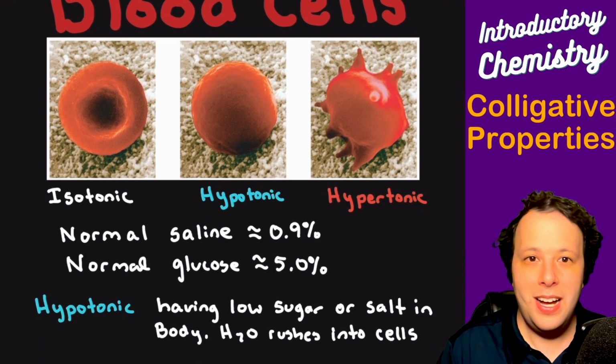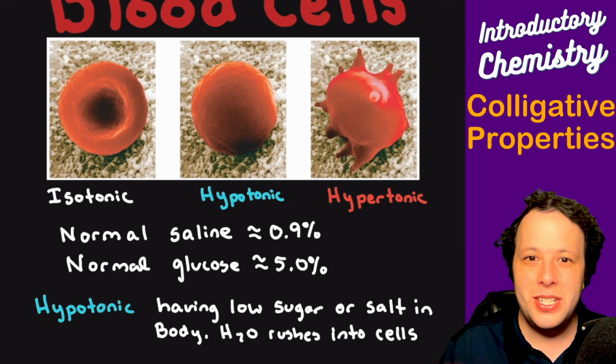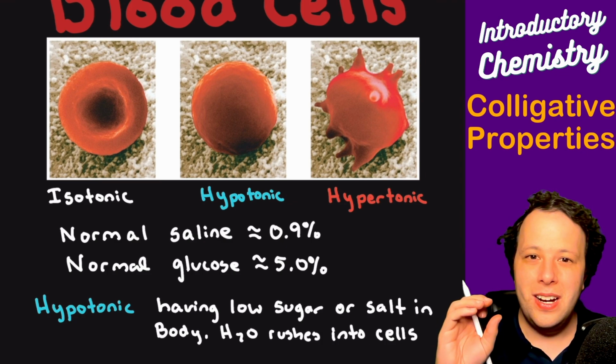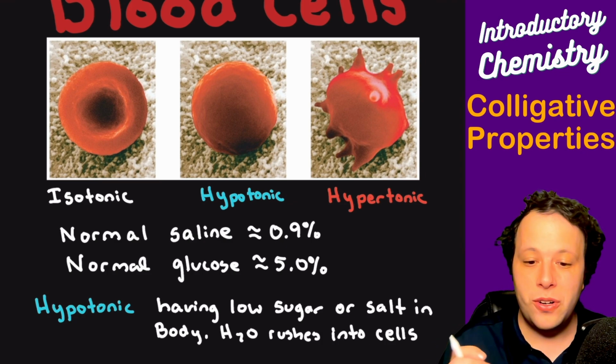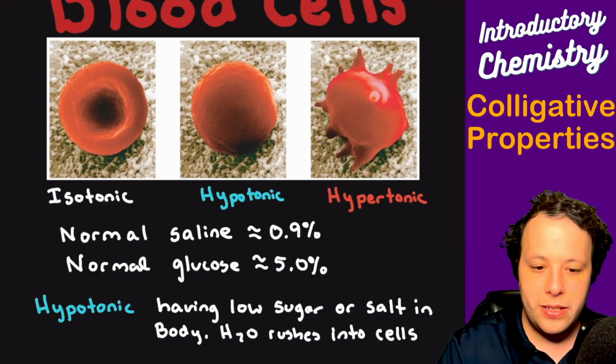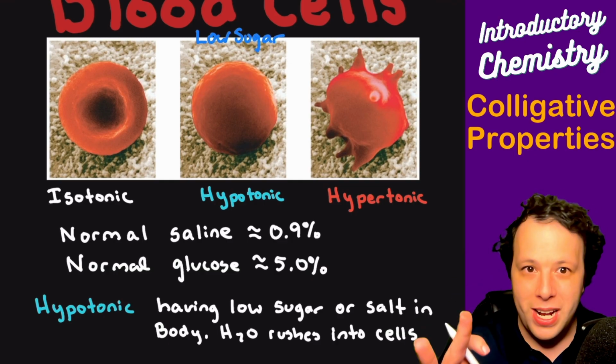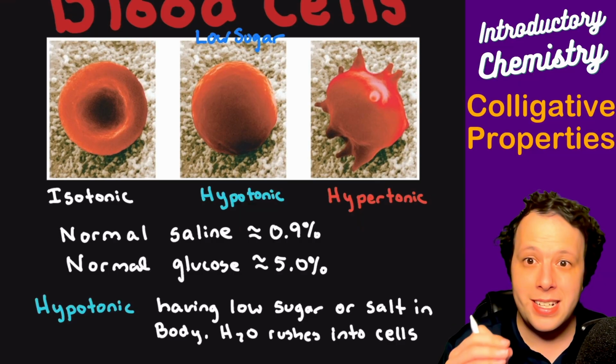The one on the top in the middle here is known as a hypotonic situation. So this is when you have a very, very low sugar or salt in the body. So let's say if I have low sugar in the body around it, so it's in a hypotonic solution.